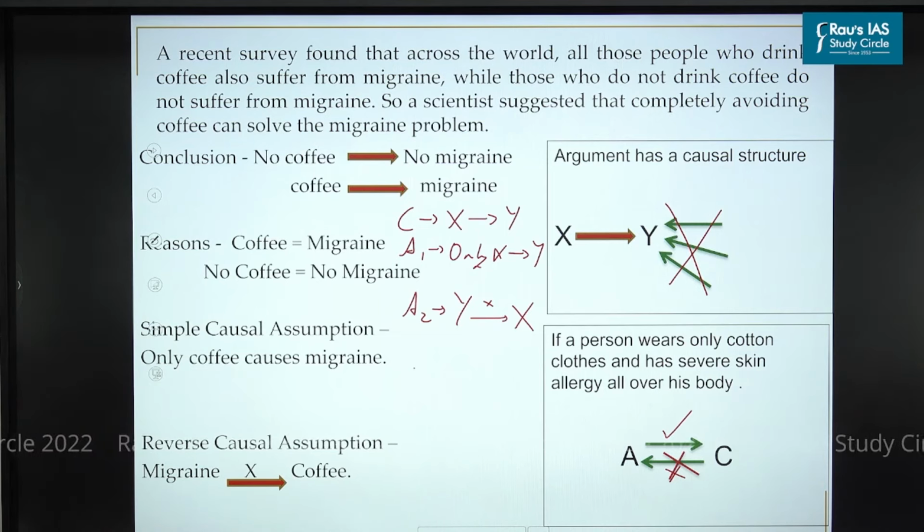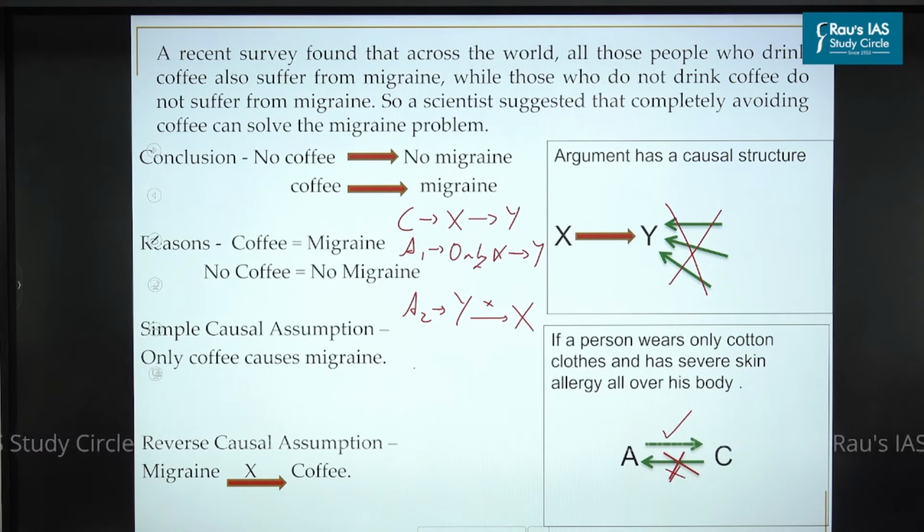I'll give an explanation for the second assumption. Suppose people who drink coffee have migraine, and people who don't drink coffee don't have migraine. And coffee is some horrible bitter thing, so horrible that nobody in the world wants to drink it. But people who suffer from migraine, if they drink coffee, their migraine becomes less. Then who will drink coffee? People who have migraine, which means in this situation, migraine is leading people to drink coffee.